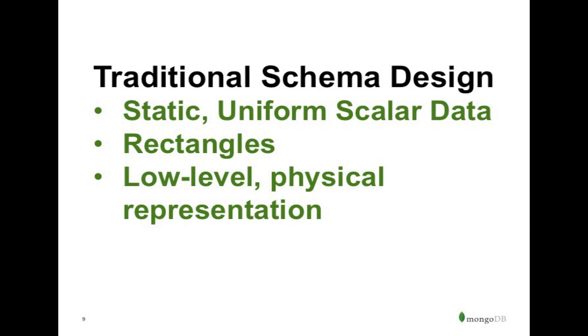So in summary, traditional schema design, what are some of the things that we find? We find a lot of rectangles, and they're pretty much all shaped the same way within the tables. And it's largely because the design goals and constraints of the legacy engines are heavily influenced by the data being put into them.